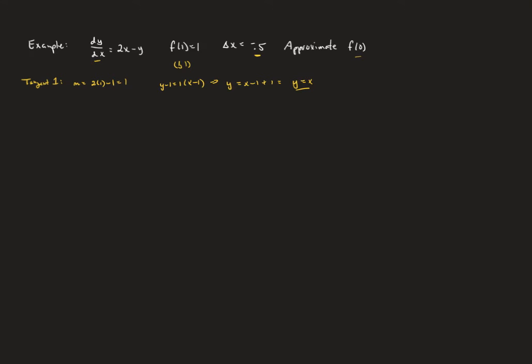We're going to use that tangent line to get a new ordered pair. We plug in our previous x plus the delta x. That's 1 plus the negative 0.5, which is just 0.5. So our new ordered pair (x, y) is x plus delta x, 1 minus 0.5 is 0.5, and our new y value is also 0.5.